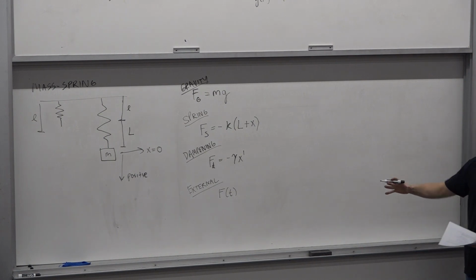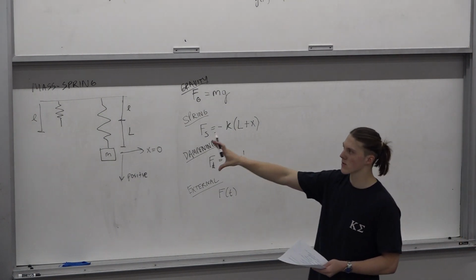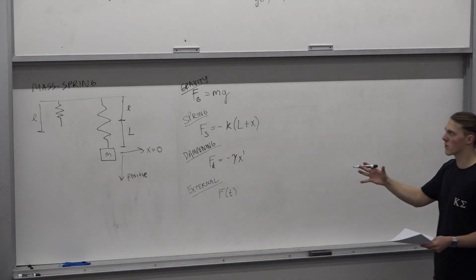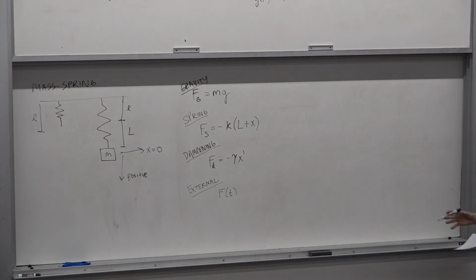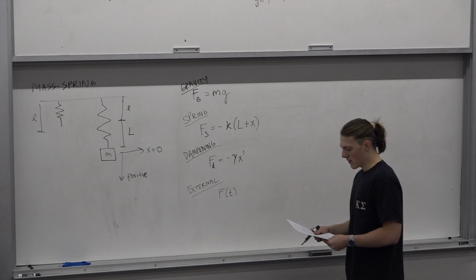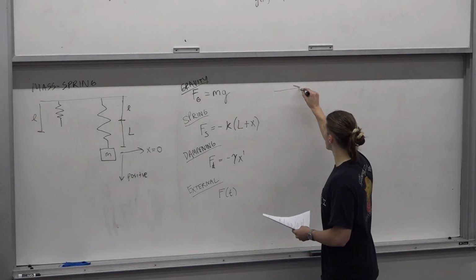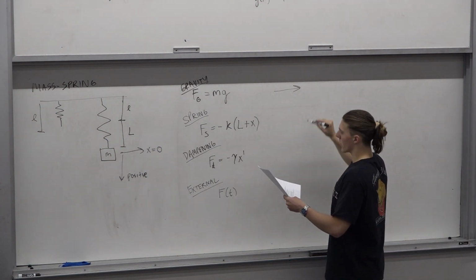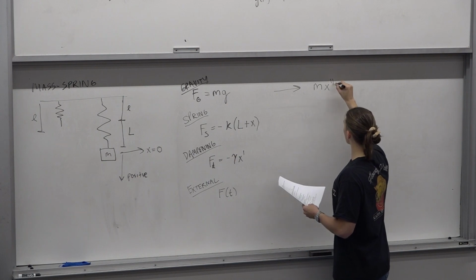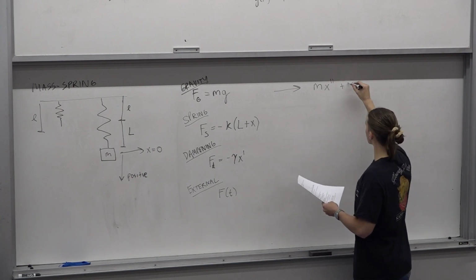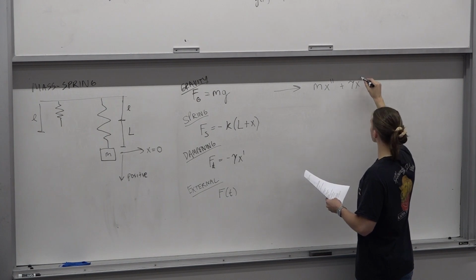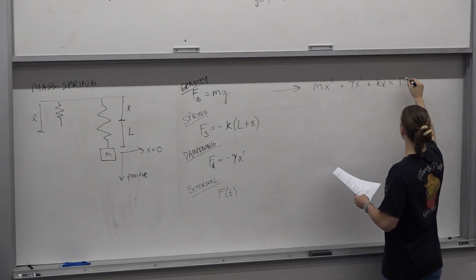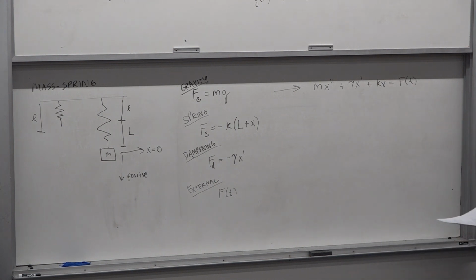So everything in this section is taking every single concept we've just been covering and applying it in a word problem to a real world system. So we put these together and we have a differential equation for modeling it: m x double prime plus gamma x prime plus k x equals f of t, your external forces.